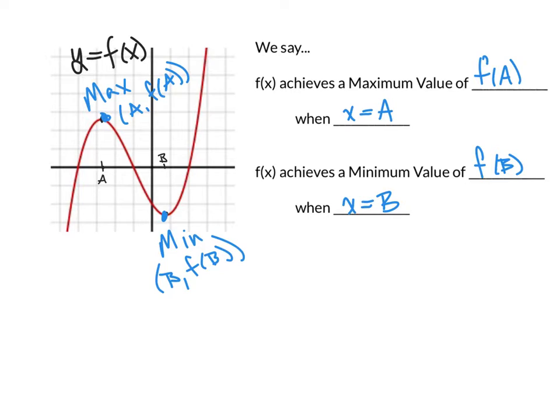Now, you might be thinking, wait a second, that maximum is not the largest point, because if I look to the right of this graph, I've got this point whose y-coordinate is much larger than f of A, and that's right. What we're referring to here is what we call a local maximum or a relative maximum.